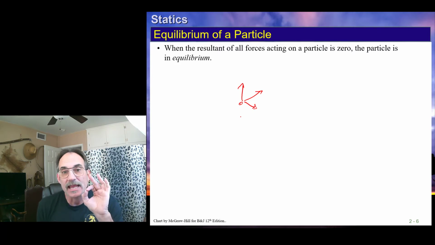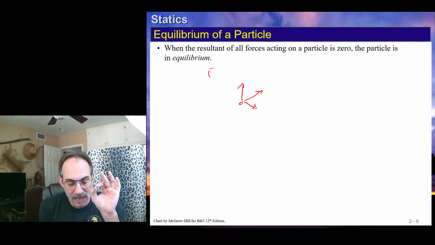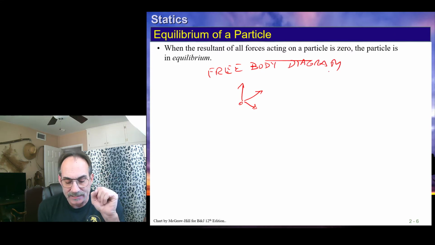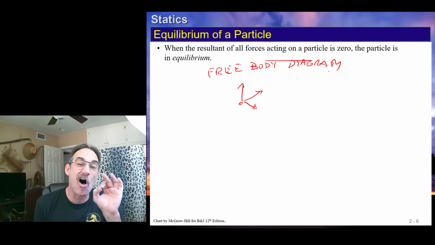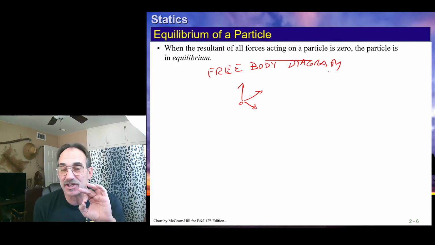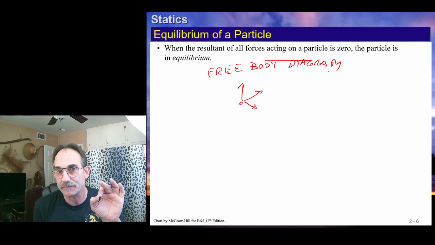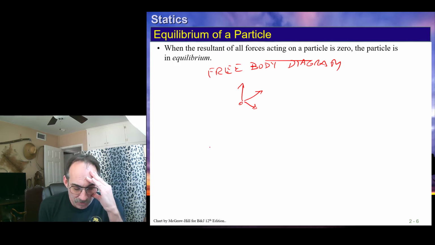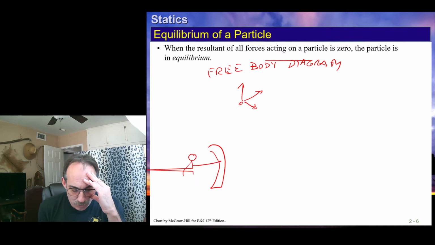However, if we draw a free body diagram, it's a figure that includes all forces, both action and reaction pairs. Remember in our second lecture, we had a picture of some person pushing on a door with a force.